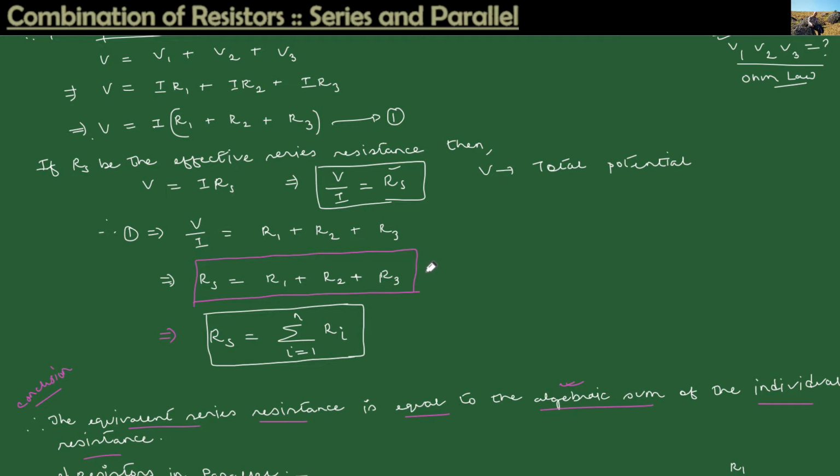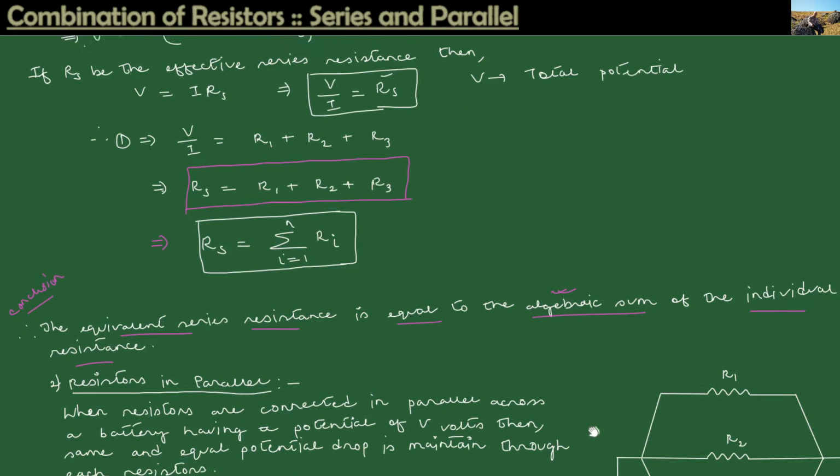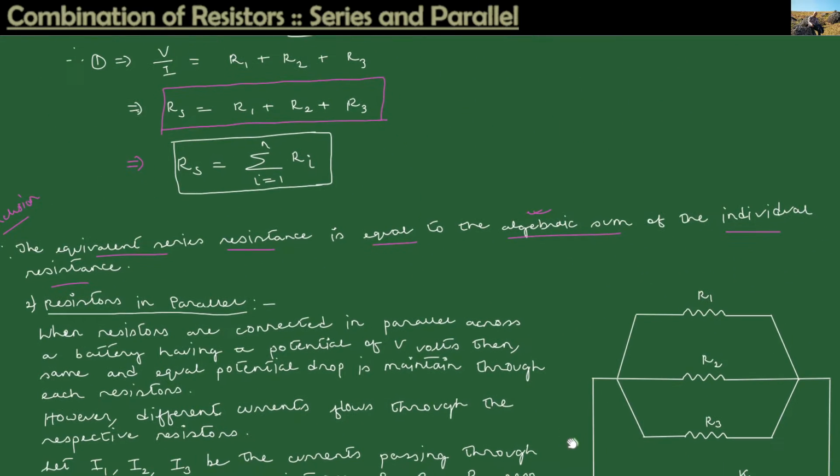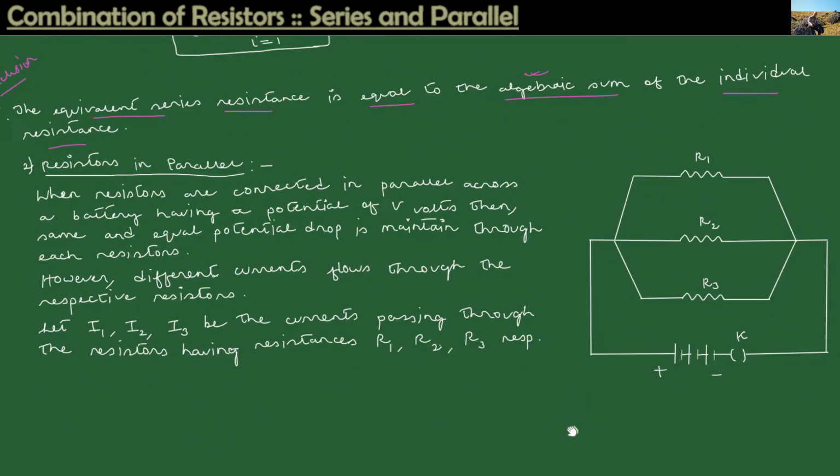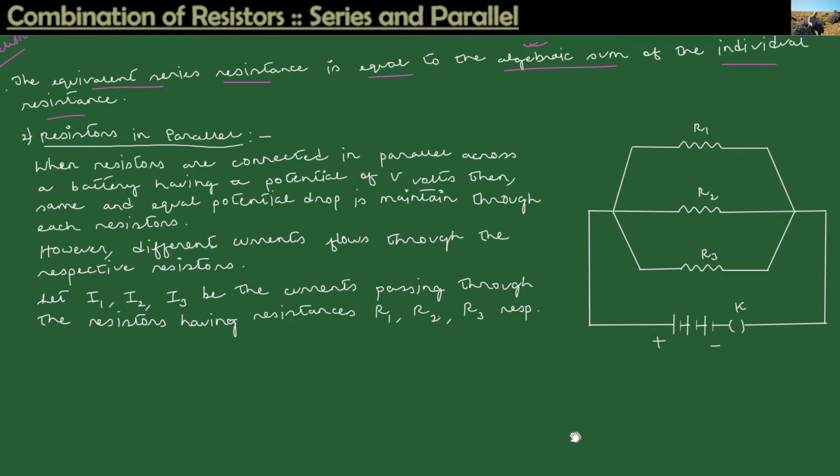And remember that in the lab session also, we will do some experiments to prove the total resistance when resistors are connected in series or in parallel. Another important form is resistors which are connected in parallel.